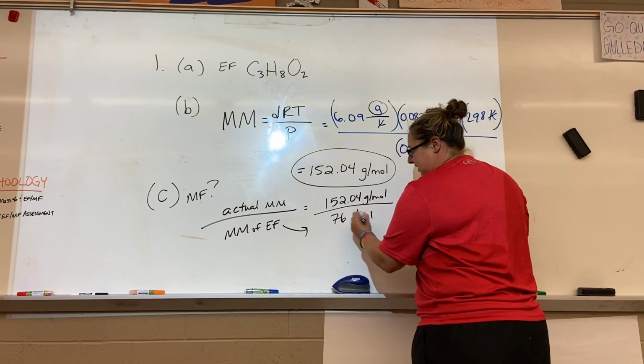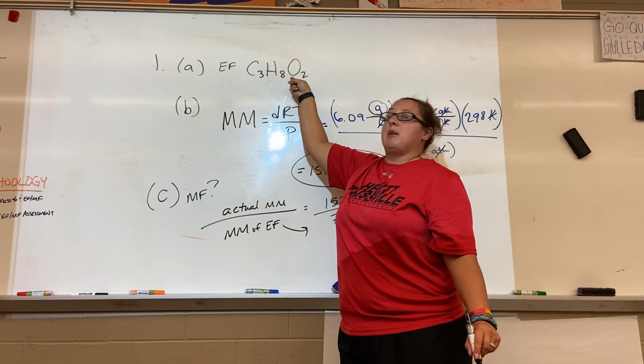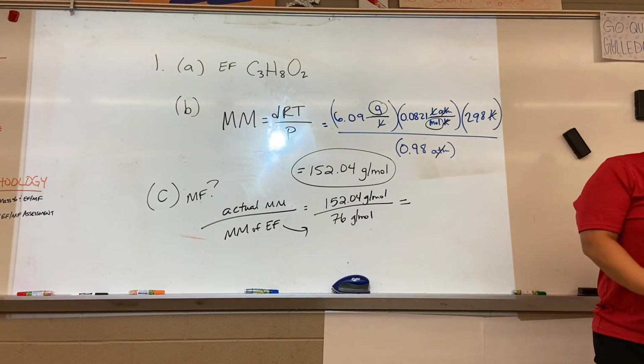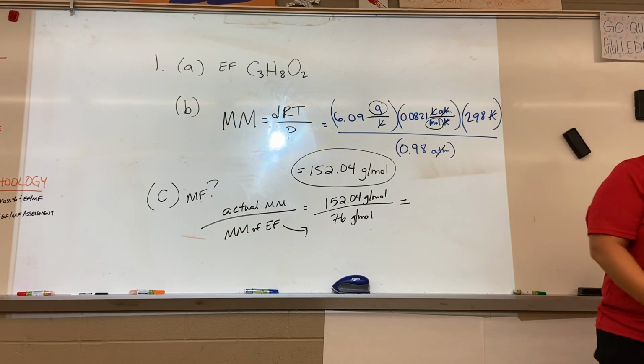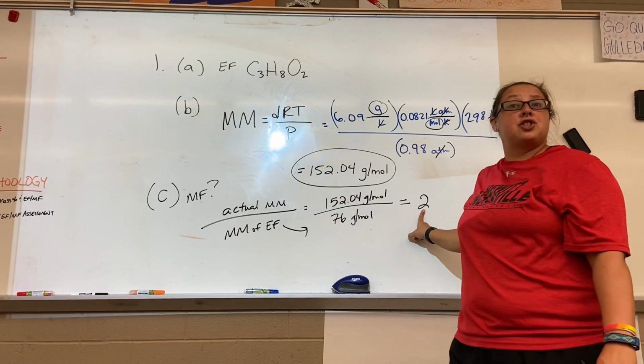So again, this number here came from us adding up the masses of our empirical formula. When we divide those two numbers, we should get 2, right? We get our number that we multiply through our empirical formula, which is 2.